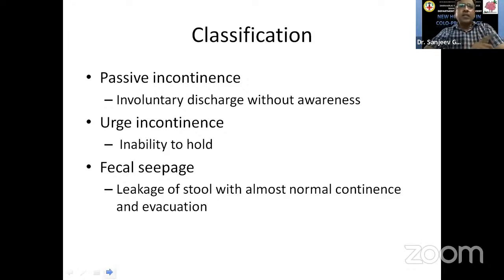Further is a minor form of incontinence, which is seepage, and it is leakage of stool with almost normal continence and evacuation. However, there is fecal seepage intermittently in between.